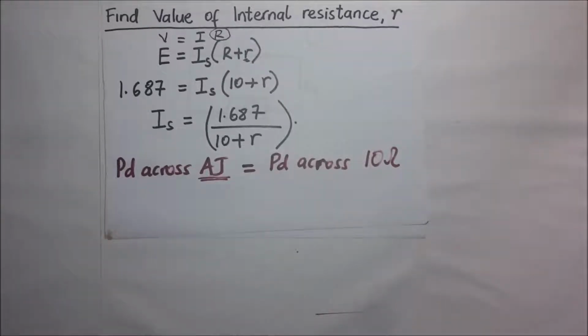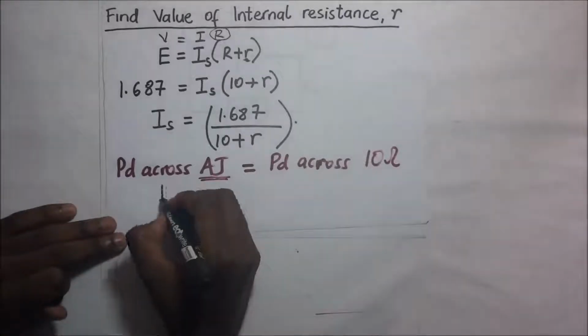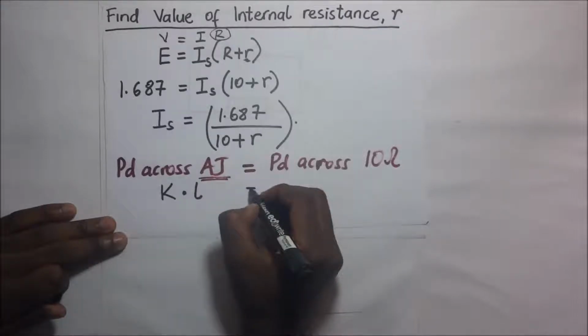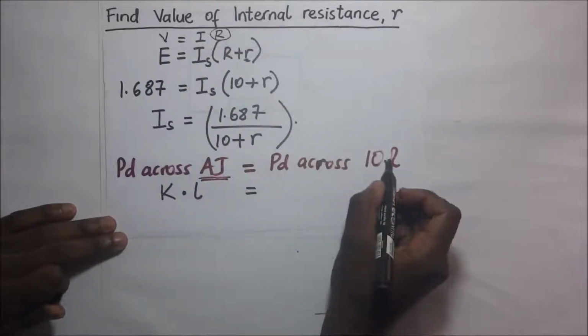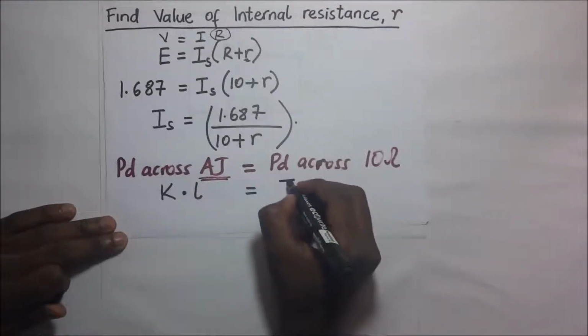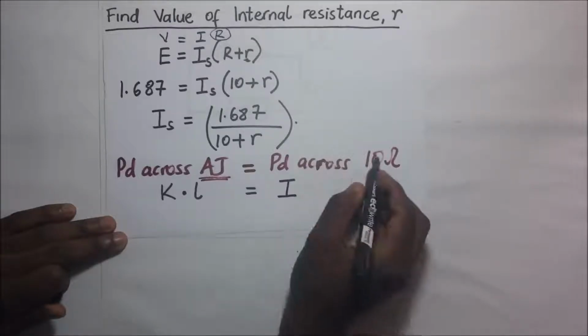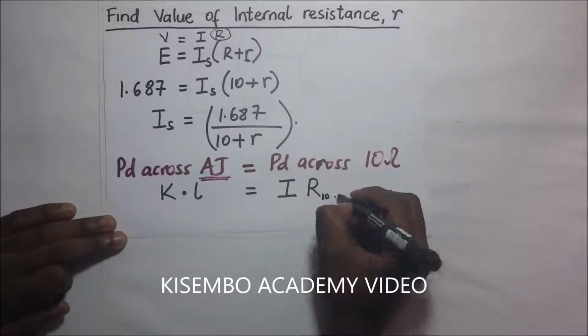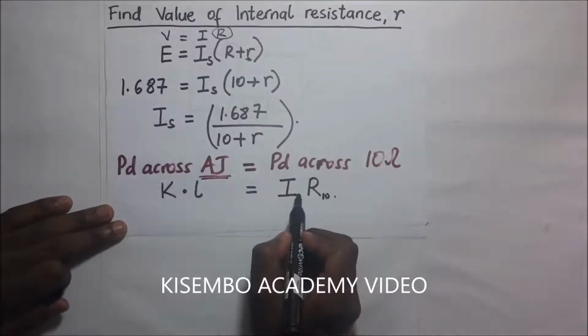What is the potential difference across AJ? It is given by the PD per unit length of AJ multiplied by the balance length, and this is equal to the PD across the 10 ohm resistor. That means it's the current going through the 10 ohm resistor times the resistance of the 10 ohm resistor. What is the current going through the 10 ohm resistor?